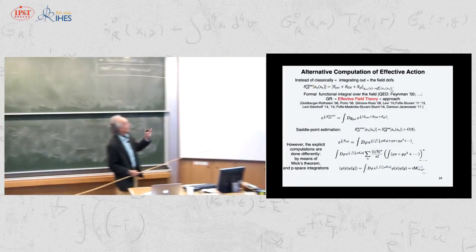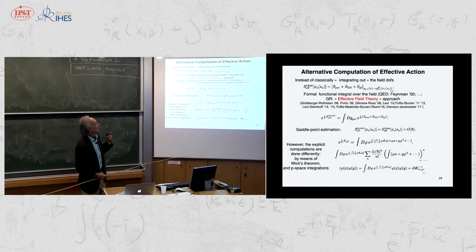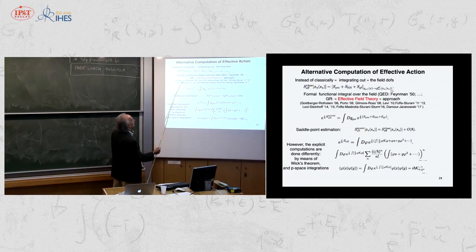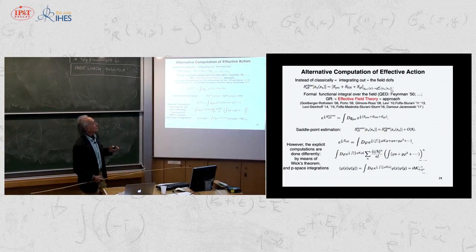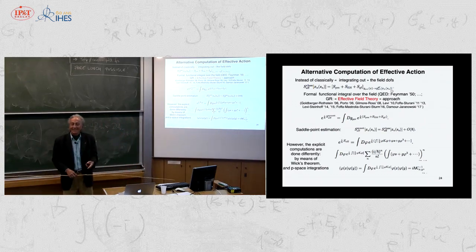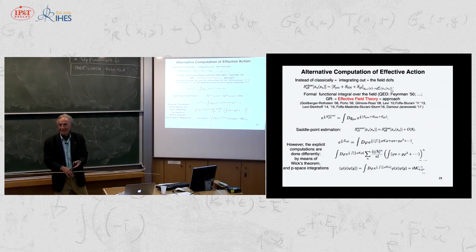There is an alternative way of computing the action, which has been emphasized by Goldberger and Rothstein, which initially I thought was the same thing. I was convinced that their perturbation theory was exactly the same as the one we had been using for years. Actually, I discovered recently that there is a subtle difference.